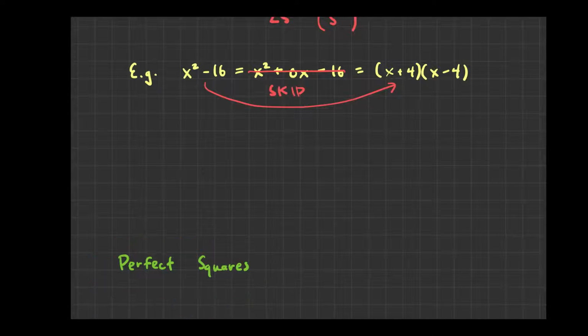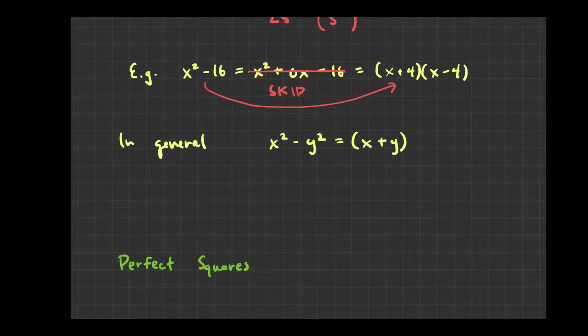Anyways, in general, the difference of squares, x squared minus y squared, is equal to x plus y times x minus y. That's the general form of a difference of squares.